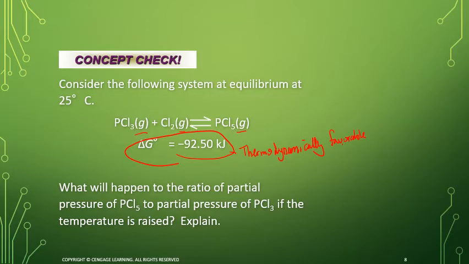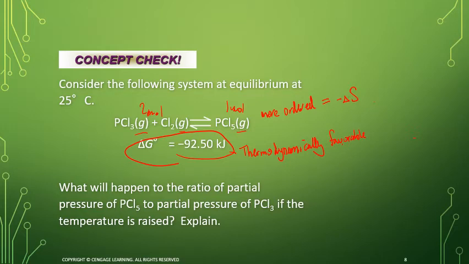So now I go to the second thing and I look at how many moles of those gaseous reactants and products I have. I have 2 moles of gaseous reactants. I have only 1 mole of gaseous products. So as a result, I'm getting more ordered in my system because I have less probable positions for those molecules to exist in. So that would tell us that we would have a negative value for delta S.